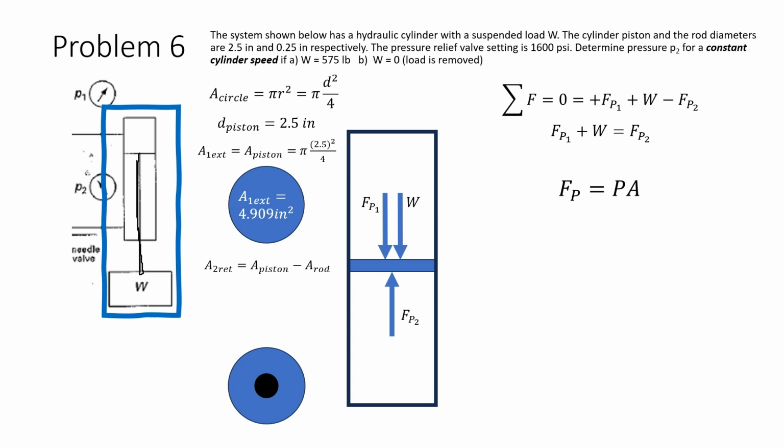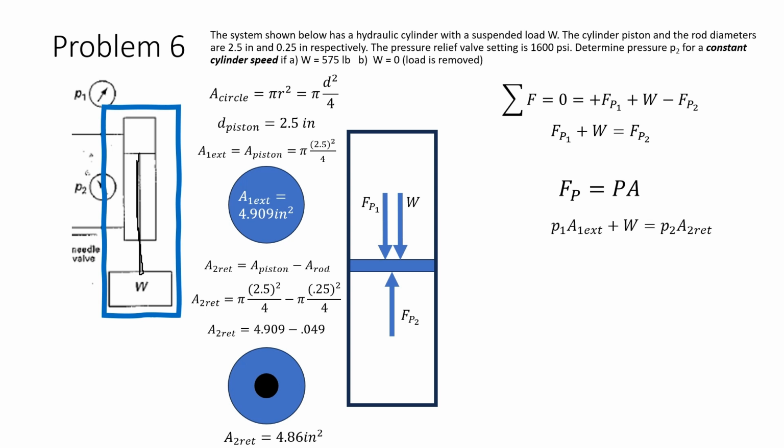We need to subtract that from the piston area that we already calculated. So the area of retraction, or area 2, the area pressure 2 is hitting, equals pi times 2.5 squared over 4, your piston area, minus pi times 0.25 squared over 4, your rod area. That's going to get you a final answer of 4.86 inches squared.